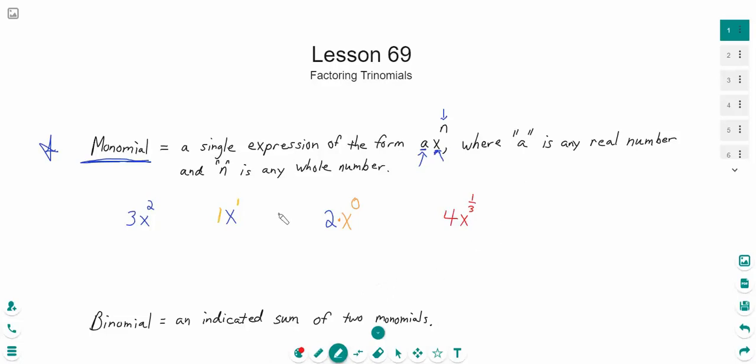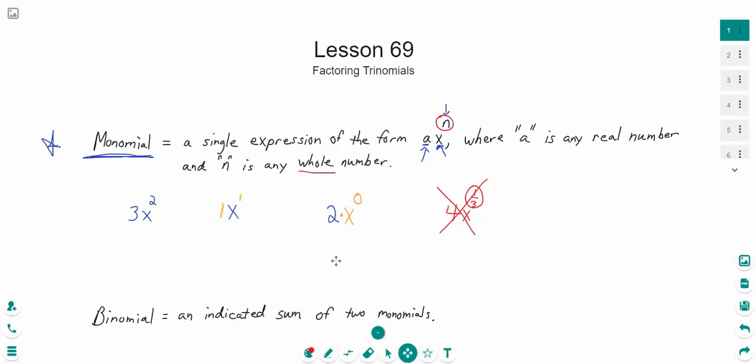Well, because of this little word right here, whole. The n, which is the exponent, must be a whole number. And if we look at this exponent, it's a fraction. It is not a whole number. Therefore, this is not a monomial. Okay? All right, excellent. Let's move on here to the next definition, which will be easier, I promise.